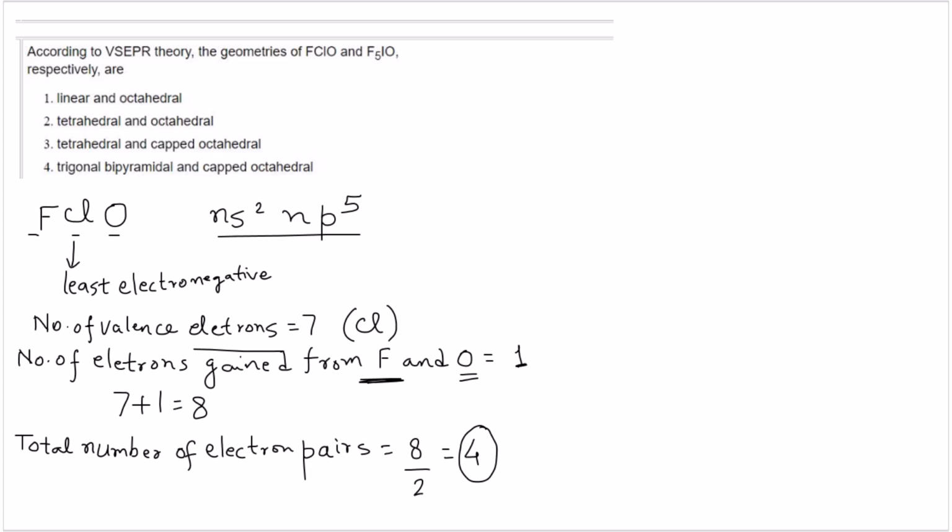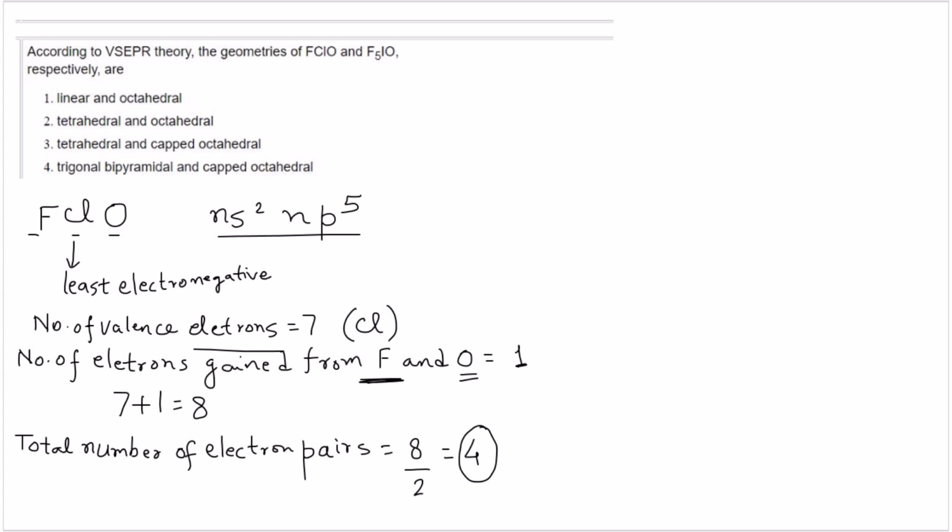If you just recall the VSEPR theory, I am following those steps only. When we apply VSEPR theory, we first consider the central atom, then the valence electrons on the central atom, then whatever is bonded to the central atom, and the electrons that are being contributed from the bonded atoms.